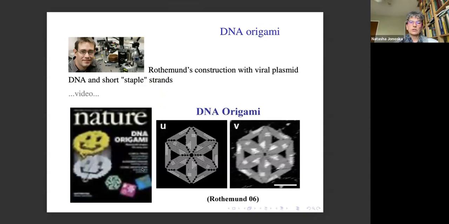The whole idea is you have a long viral molecule, a viral plasmid, and you have about 250, 260 complementary single-stranded molecules that capture different sides of the molecule. Of course, it was the front page of Nature, a smiley face. He made like 3 billion smiley faces, a very happy Nature issue. And this is a design, and this is the actual experimental result.